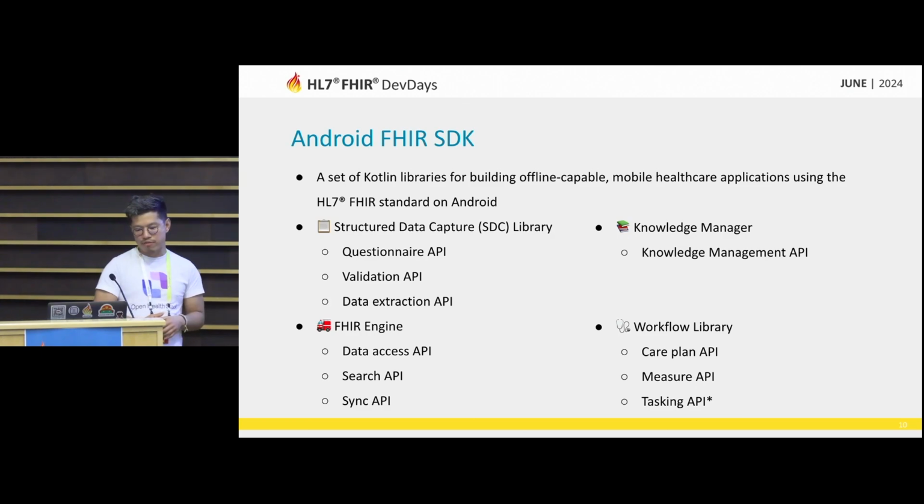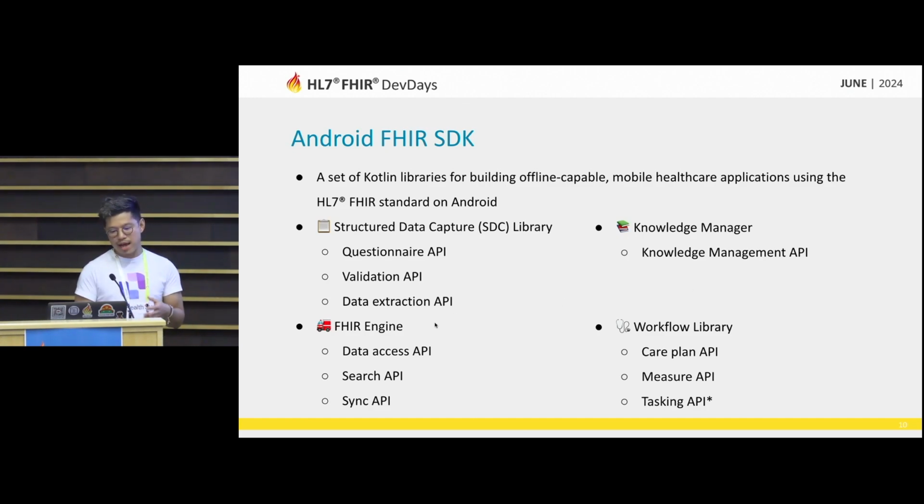The second library, FHIR Engine, is probably the most fundamental library, I guess. Essentially, you could think about it as a FHIR server on Android. But obviously, it's not a FHIR server because it's programmatically compiled into your application. But the main part of it is actually this FHIR relational database that we have built in SQLite.